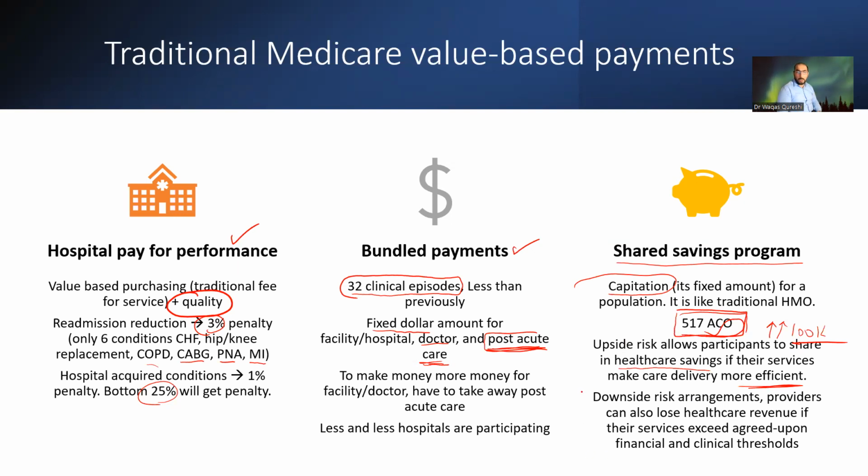So you want to know about the system if you're going into a hospital that is using this method. It is possible your pay may go down because they have to share the risk.